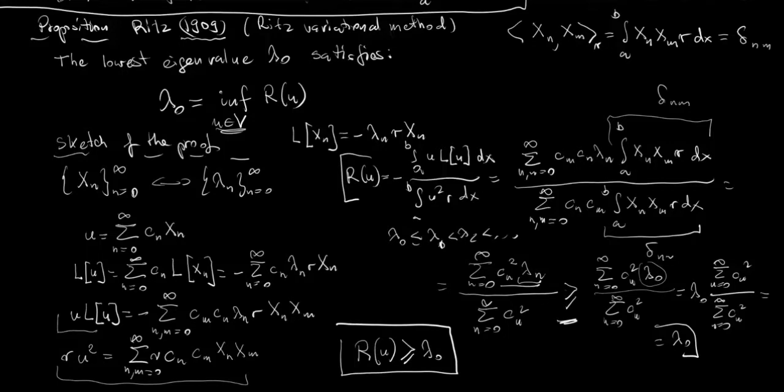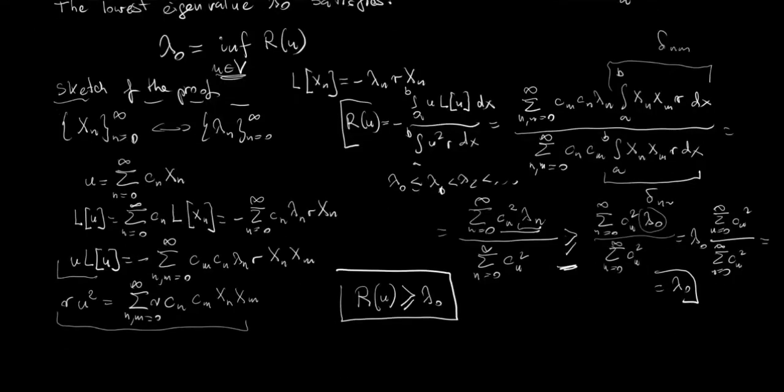But now it is easy to see that if we take u to be x_0 and perform all of this as before, then R of x_0 is precisely equal to lambda_0.